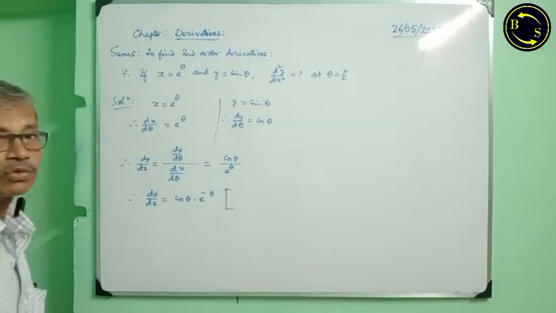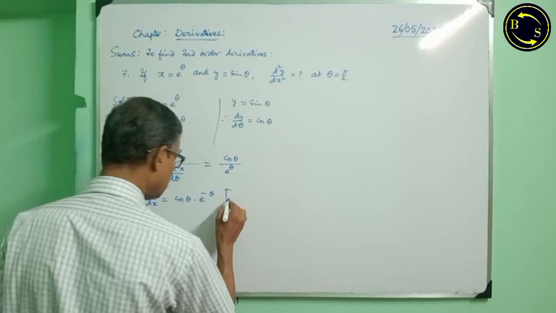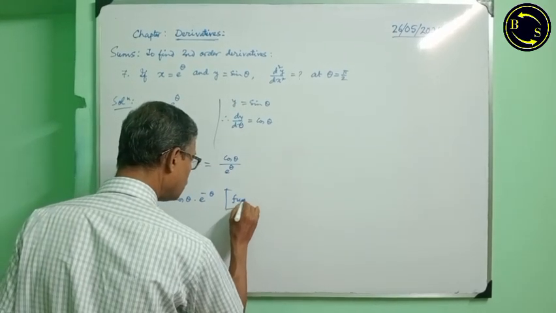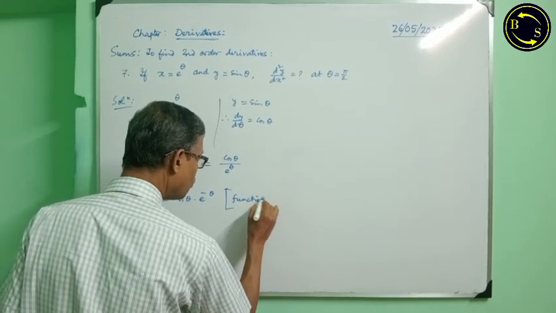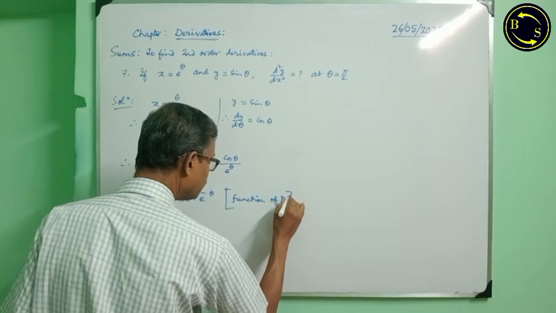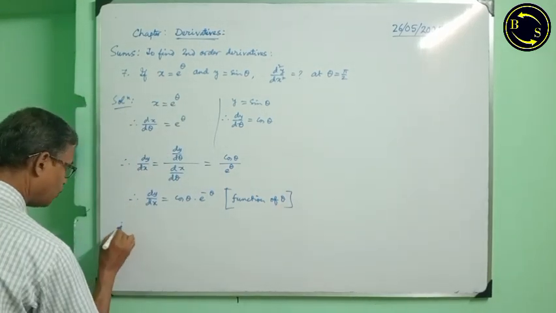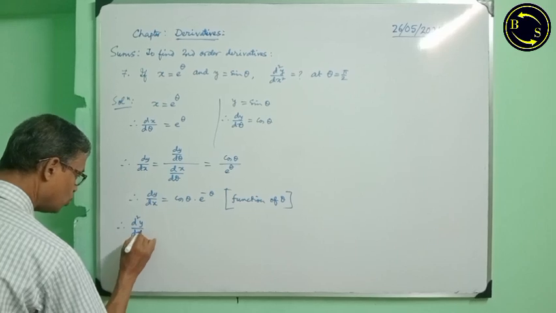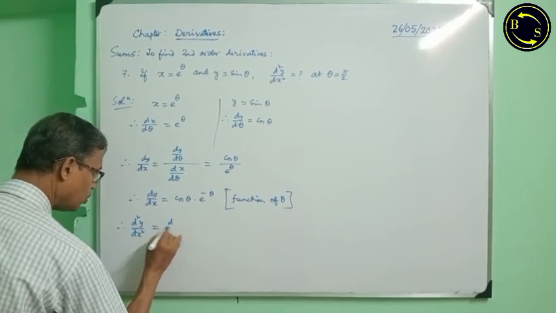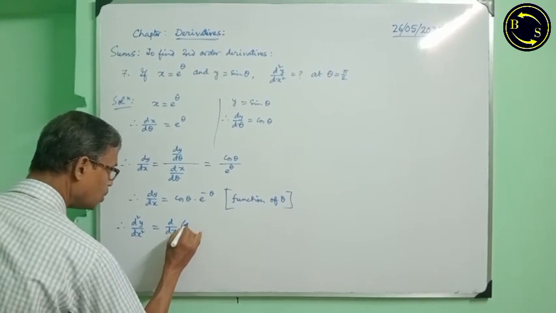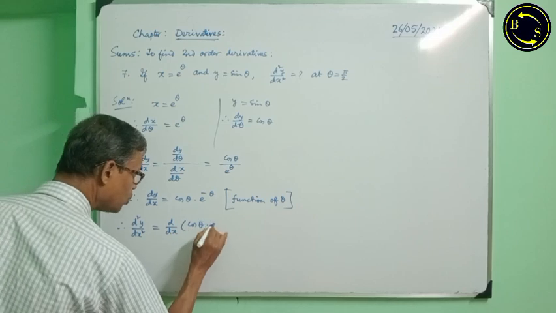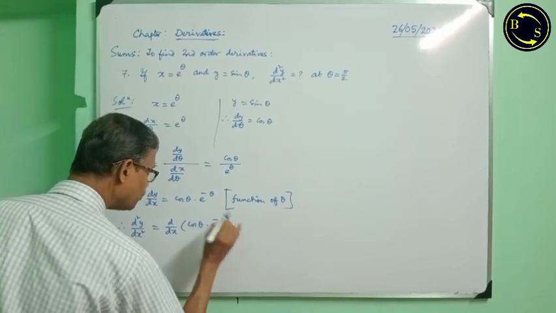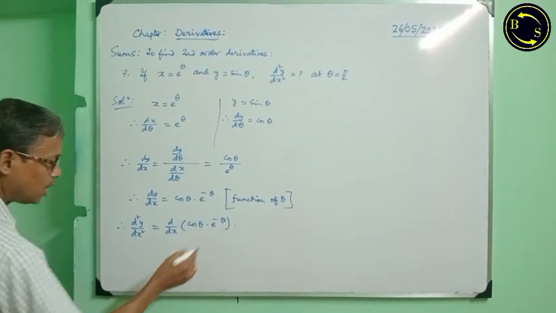I suggest my students, you write this is a function of theta. Therefore, d²y/dx² is equal to d/dx of cos theta into e to the power minus theta. Now this is a function of theta.